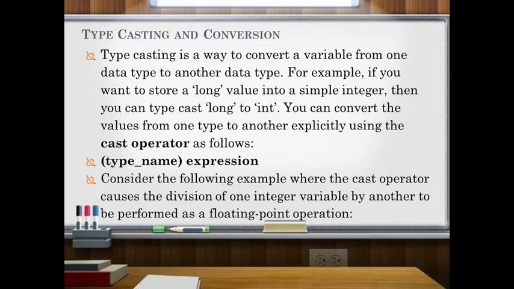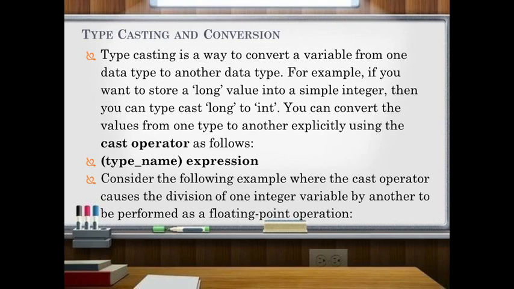Suppose you have already initialized an integer variable, but in the program the integer value is bigger, so it is not able to print that value. Then we have to change it.